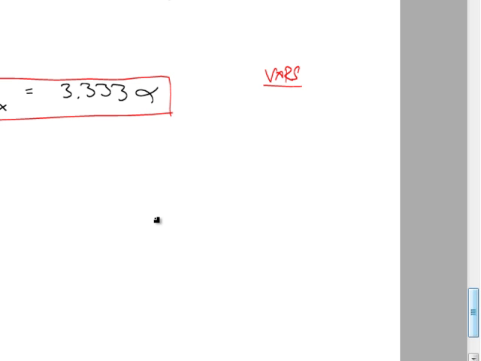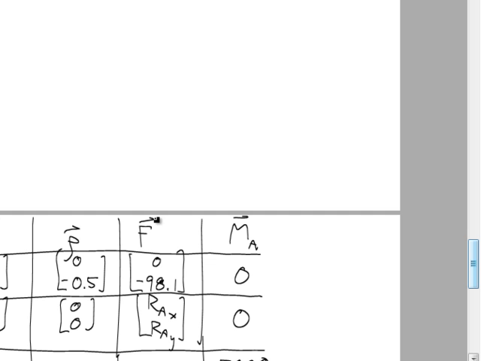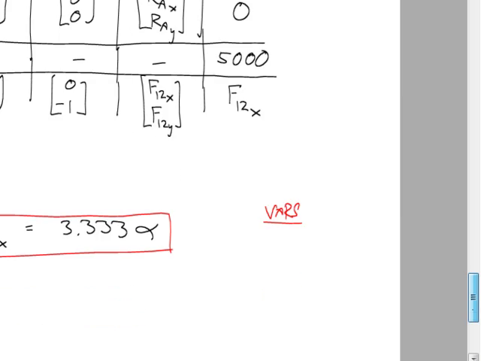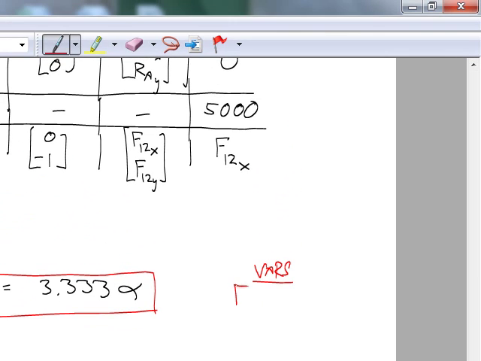But in our equations of motion, the only ones that we're left with are F12x and alpha, okay? So right now we have one equation, 2 variables, so there's nothing we can solve, okay? But these are going to be useful, so we'll just move on to the next body and see where we stand, okay? Any questions yet at this point?